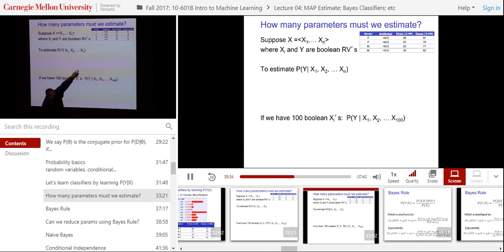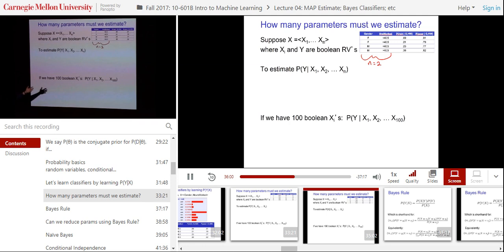So in general, how many do I need here, if I want to represent P of y given x1 through xn? Right, so here I have n equals 2, so I have 4 rows.